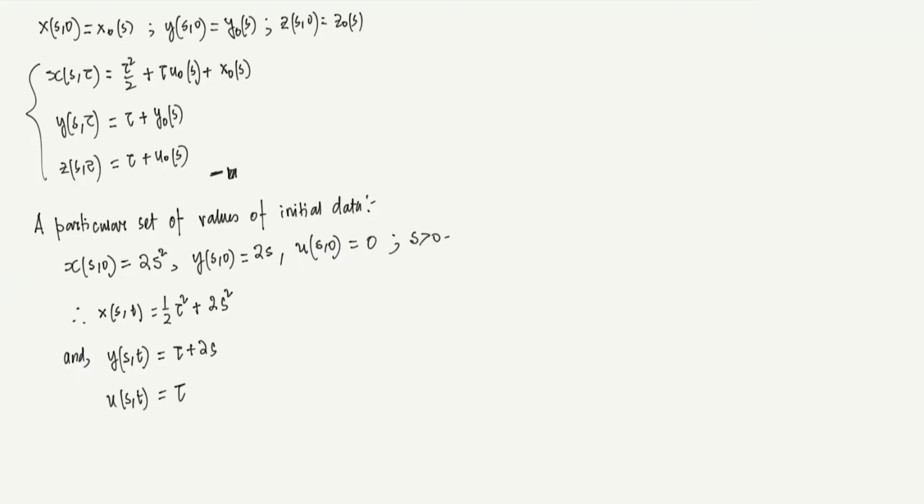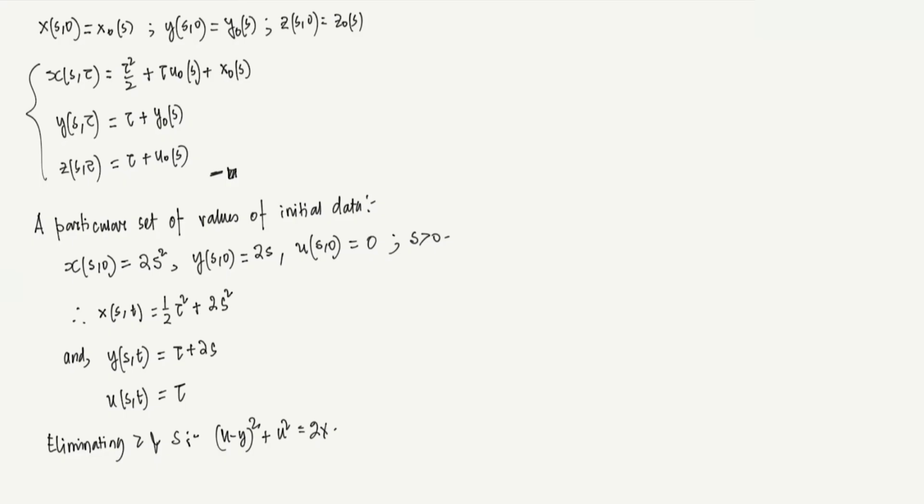I keep on writing z, but we used u here. Now you can eliminate tau and s, and you get a surface purely in Cartesian form. What you get is u minus y squared plus u squared equals 2x.